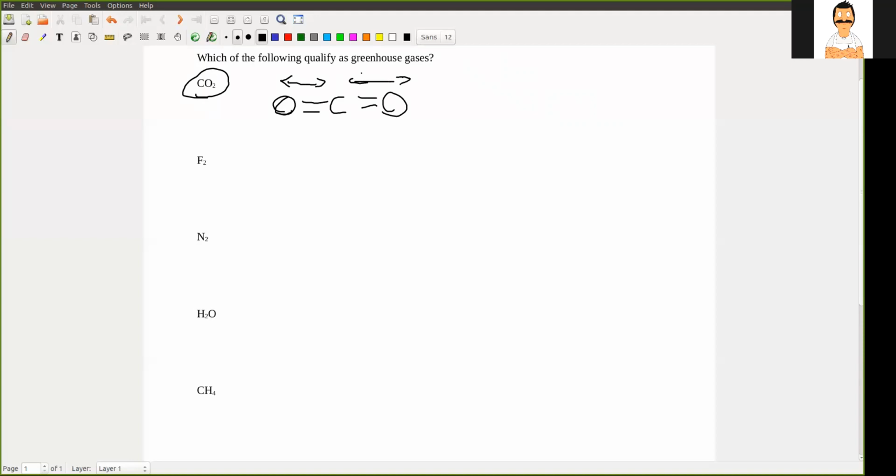There can also be some bending back and forth, but typically we focus more on the in and out motion that carbon dioxide has. So this oscillation that occurs allows the carbon dioxide to retain that infrared radiation, and through that vibration, it's generating heat.